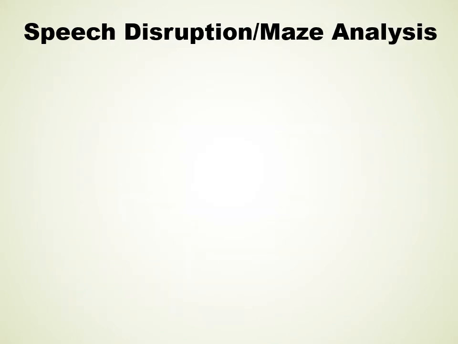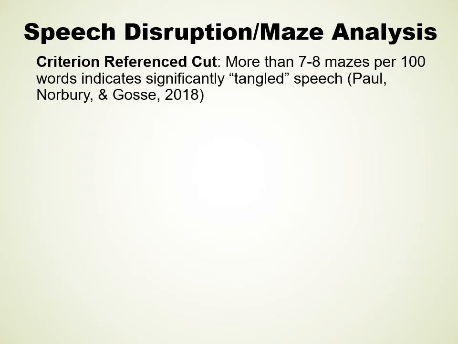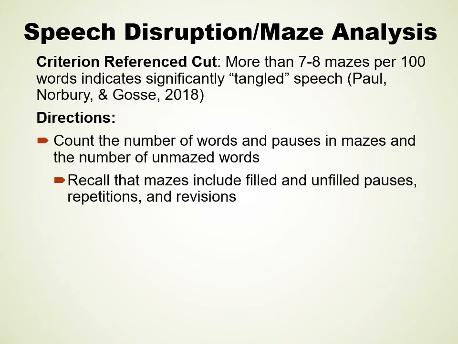If you have concerns about the number of speech disruptions or mazes that you heard in a student's sample, here is an analysis that you can do to determine if it's a problem area for the student. Paul, Norbury, and Goss in a child language textbook suggest that if a student has more than 7 to 8 mazes per 100 words, that indicates significantly tangled speech. So here are the directions to get to that criterion referenced cut.